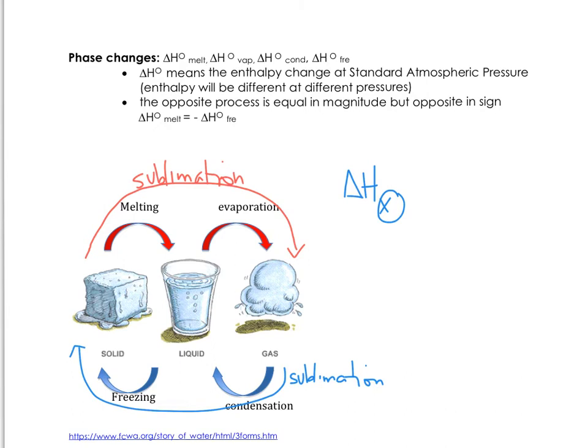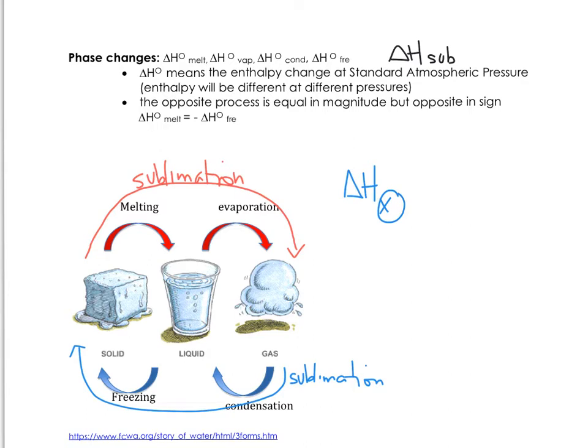So we have enthalpy change for melting, molar enthalpy change of vaporization or evaporation, enthalpy change of condensation, enthalpy change of freezing, and we could also have an enthalpy change for sublimation.